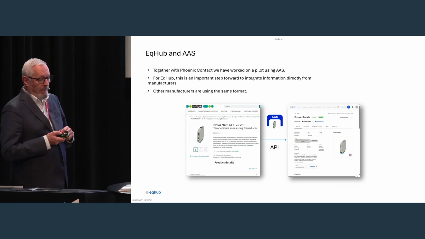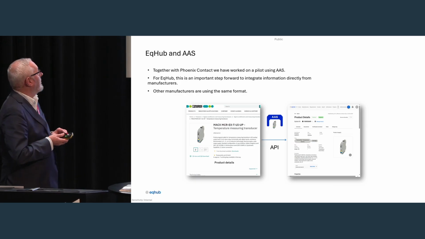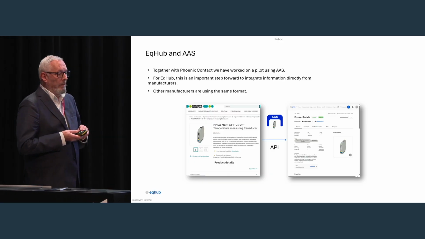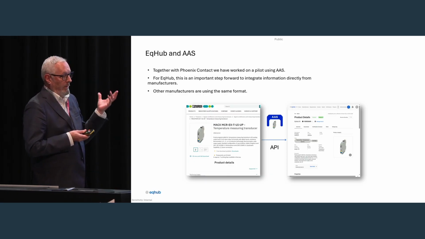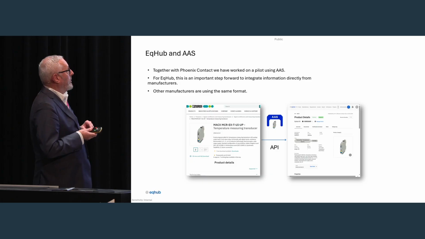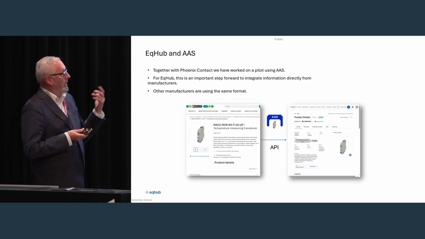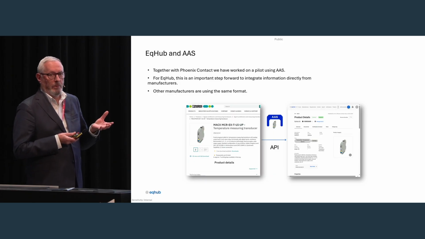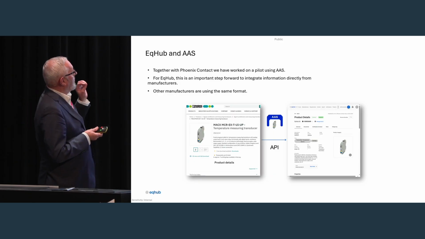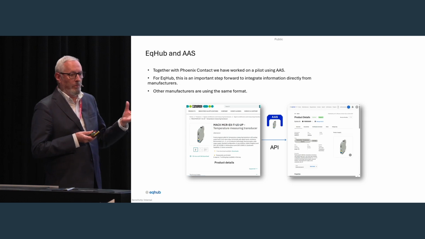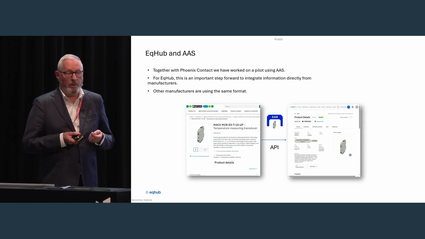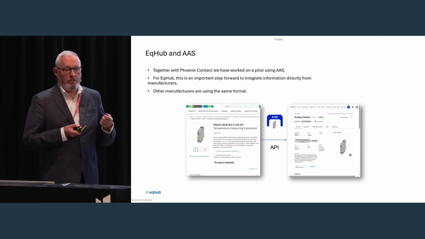So, asset administration shell. We have worked together with Phoenix for a little while and actually seen what asset administration shell can do. It gives us direct access to data from manufacturers. And for EQHUB, it's important to get data straight from the source because, as was mentioned here earlier, the correctness of data is very important.